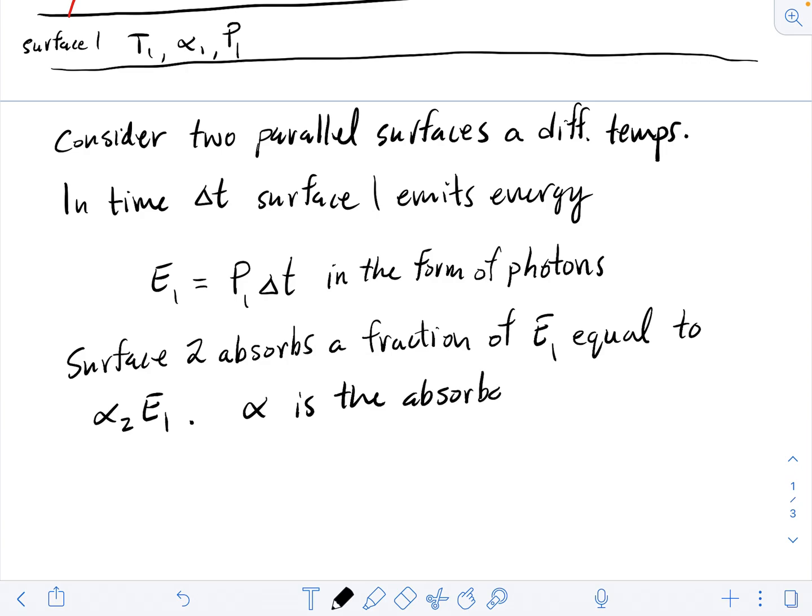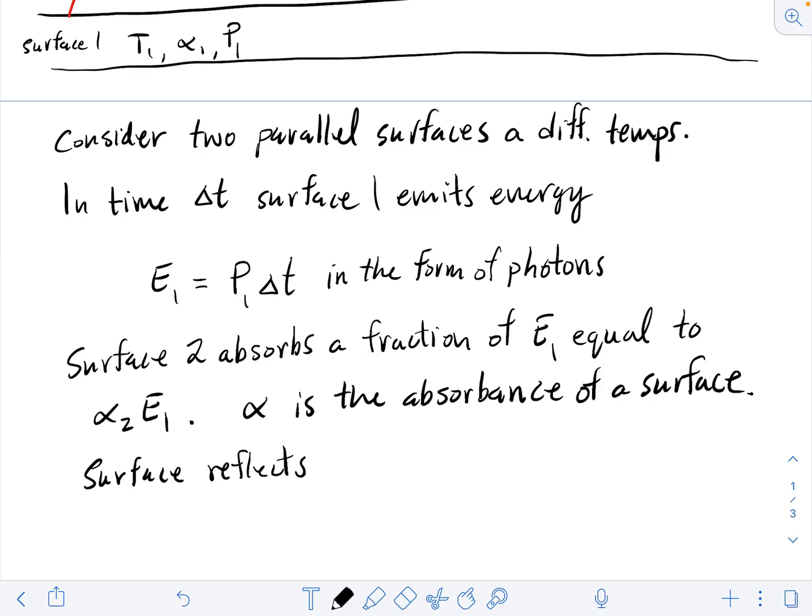So alpha is the absorbance of a surface. If it absorbs a certain fraction of the incident energy, it's going to reflect the remainder.